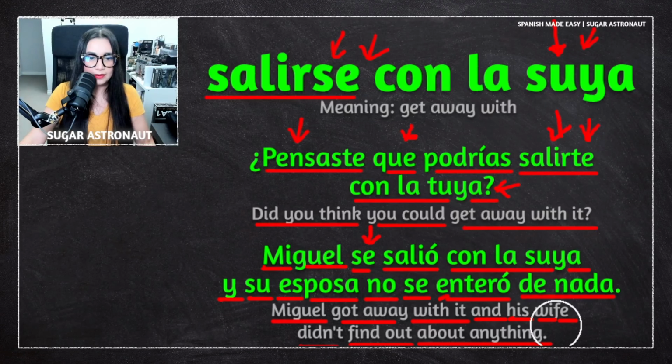So, Miguel se salió con la suya y su esposa no se enteró de nada. Miguel got away with it and his wife didn't find out about anything, or she just didn't find out what was going on. Excellent. So remember, salirse con la suya means to get away with something.